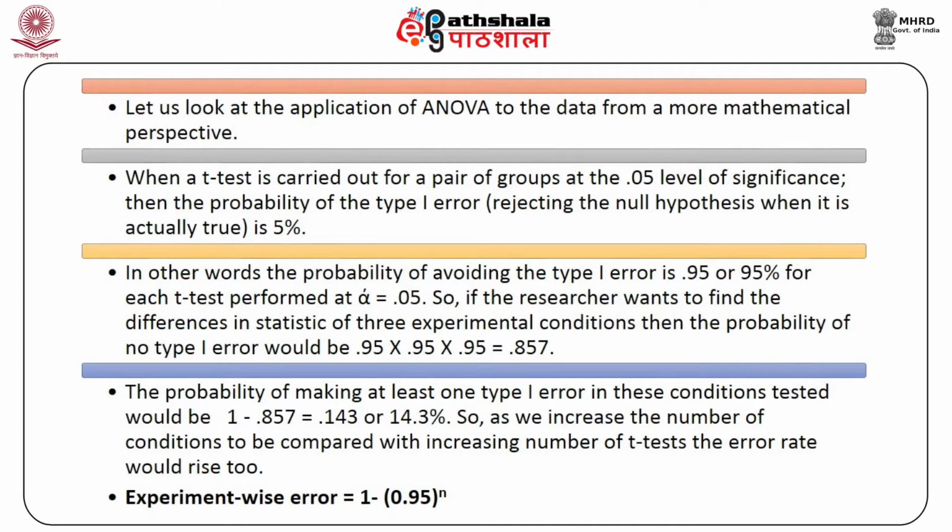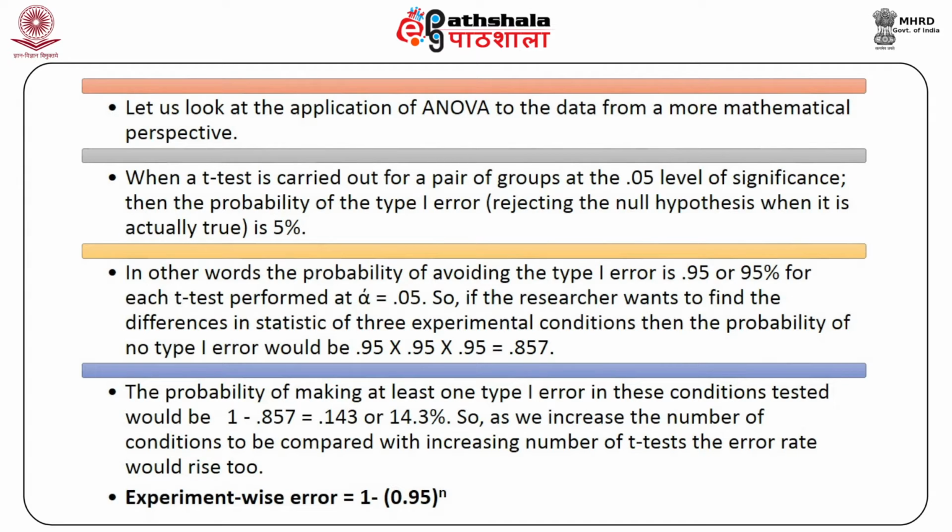Because the probability of no type 1 error is 0.95 for each test and there are 3 tests, since the probability of no type 1 error is 0.857, one can calculate the probability of making at least one type 1 error by subtracting this number from 1, which equals 0.143 or 14.3%, a value greater than the criteria accepted by social scientists.